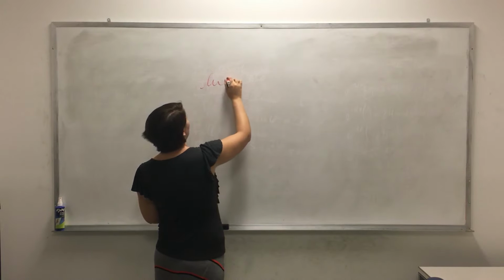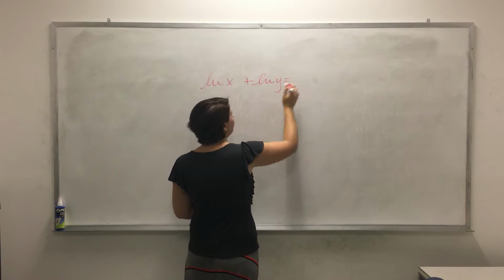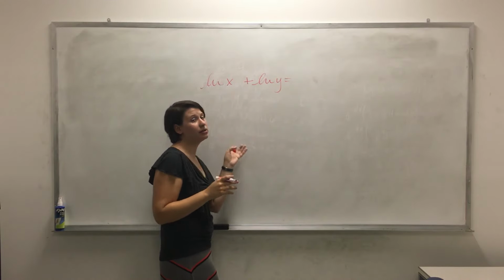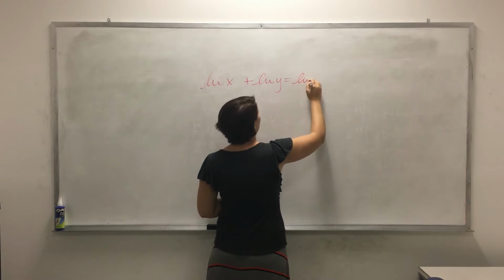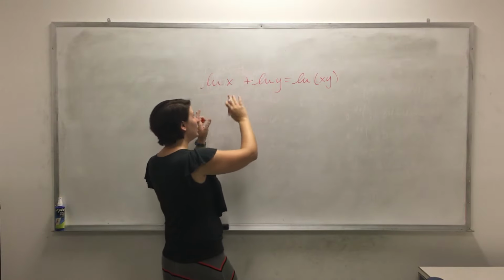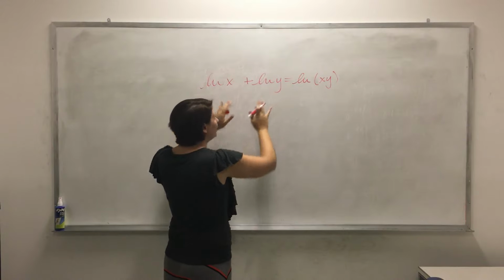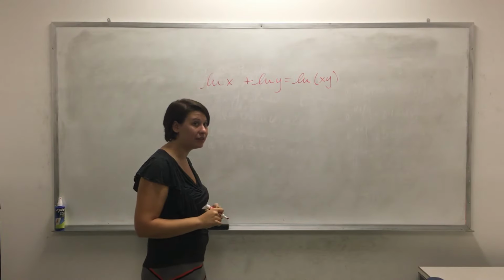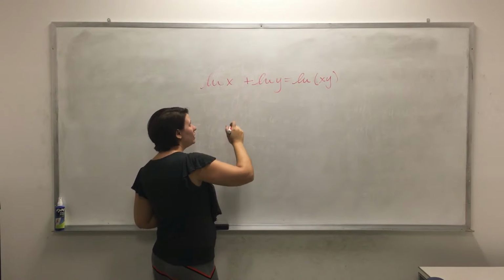If we have the natural log of x plus the natural log of y, those are added together, so the answer is multiplication. It's the natural log of x times y. The bases are the same, both ln, so we multiply their insides, the x and y, together.